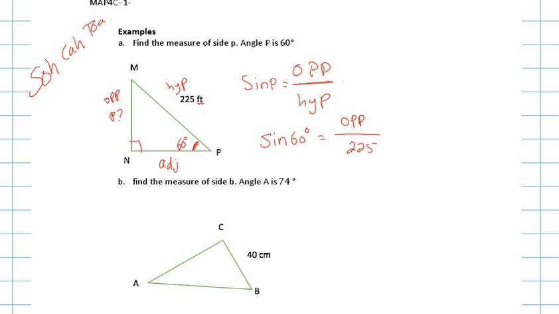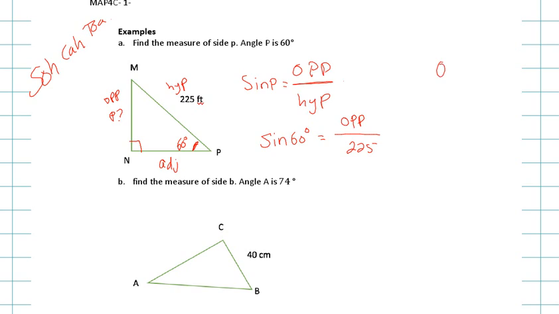Now I have to solve for the opposite. What do I do? You have to get the opposite by itself on one side. Isolate the opposite. How do I isolate it? Cross multiply. So it's going to be 225 times sine 60.